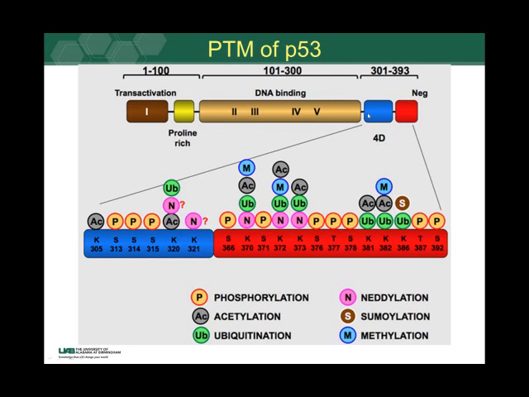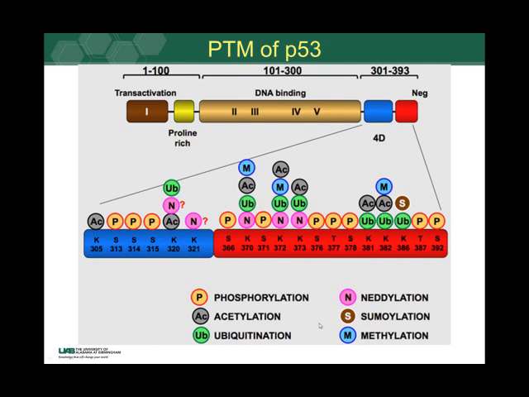This is actually a tetramerization domain right here in blue, and then the regulatory C-terminal domain that is in red. Now, you can see that this entire protein is post-translationally modified in these different areas by phosphorylation, acetylation, ubiquitination, neddylation, sumoylation, and methylation.